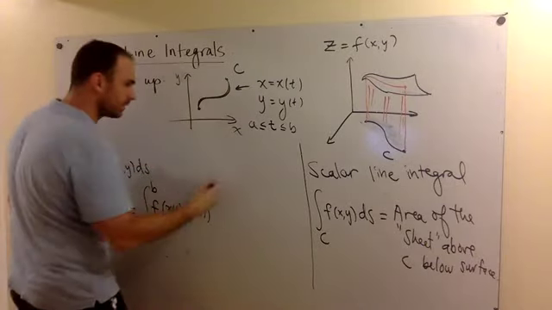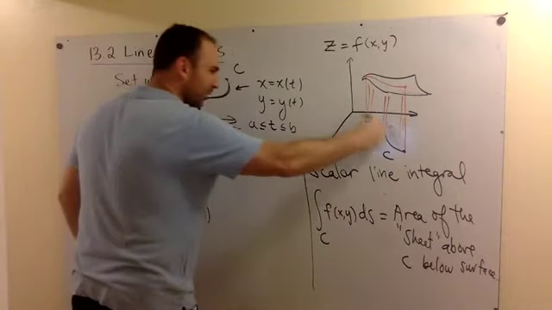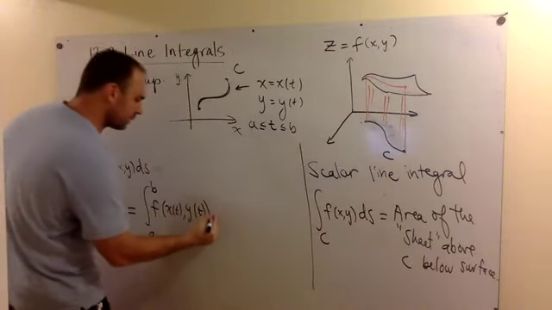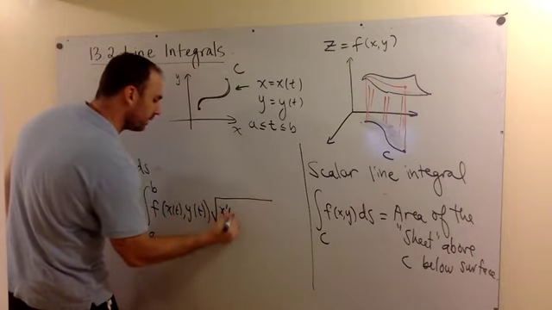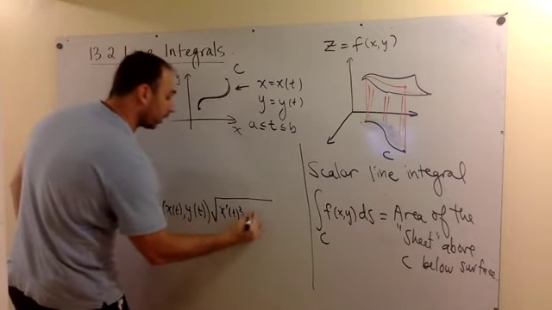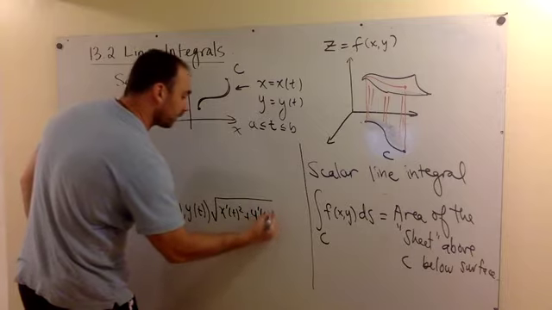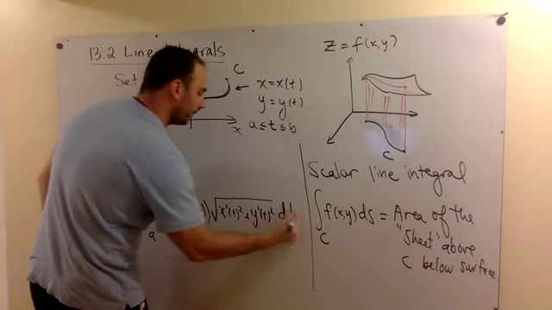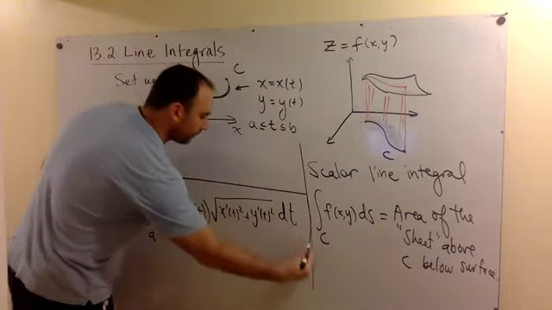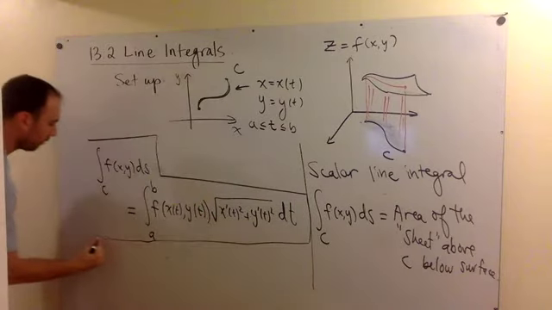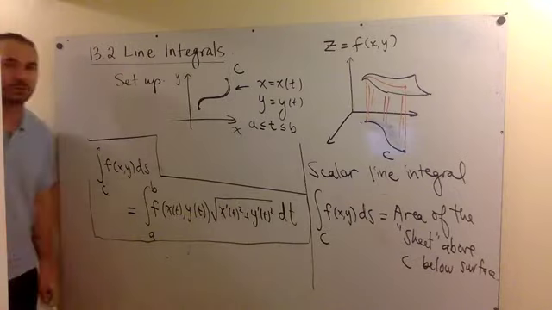But now I need this area business, and this curve actually has some distortion, so that distortion is gotten by this arc length element. Okay, and this is the formula for a scalar line integral.